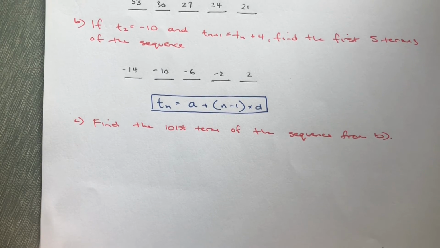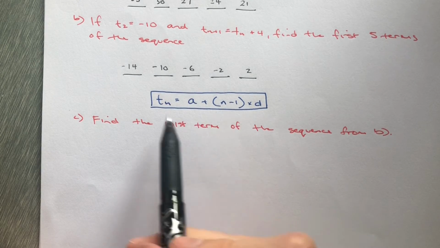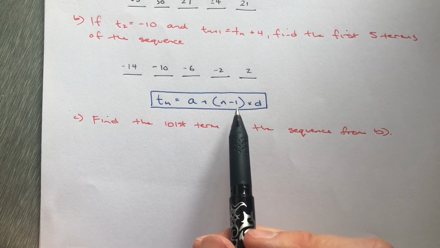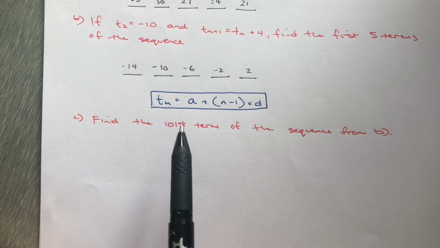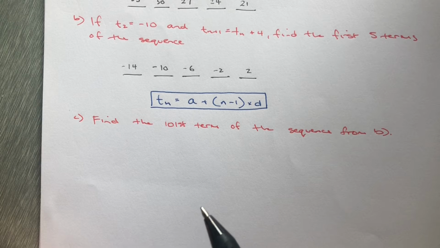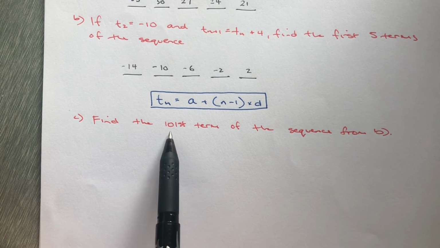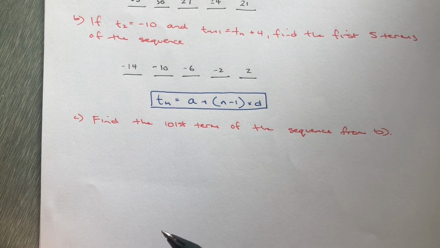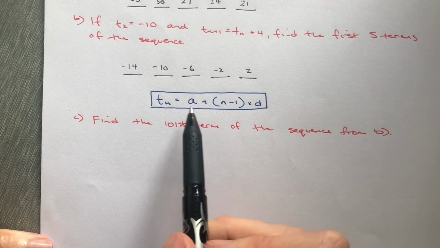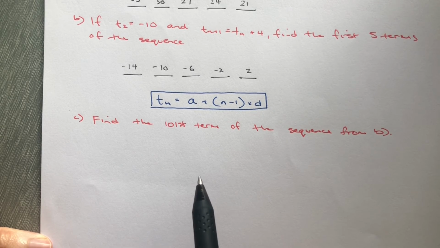Now I've written this rule here that we used during our last lesson. This is, again, trying to find terms that are really big. With this one here, we've been asked for the 101st term. Now, we could go from term 1 to term 101, but it'd take forever. It'd be really annoying. So that's why we're using this here. Now, we just need to work out what these different letters are going to be for us.